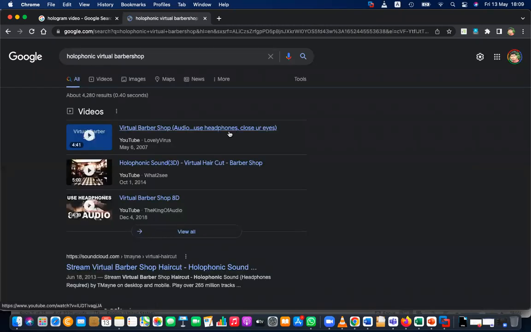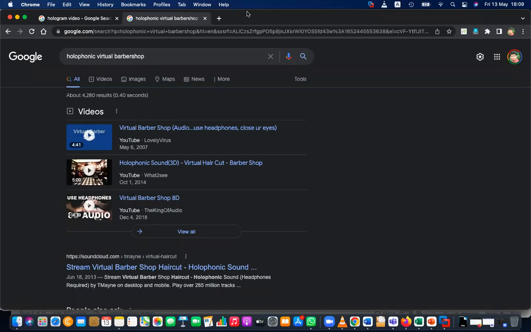Virtual barbershop, I recommend you listen to this. When you listen to this using earphone or headphone, you will feel like you are in a barbershop, as if somebody is moving scissors around your head. I recommend it, but don't listen to this just using speakers. You have to use a headphone or earphone or earpiece.